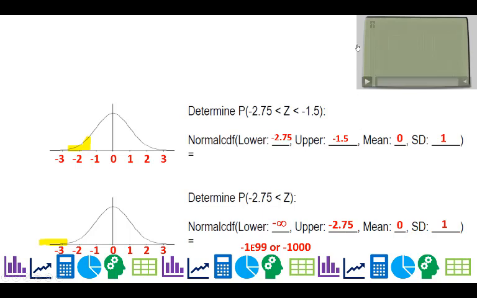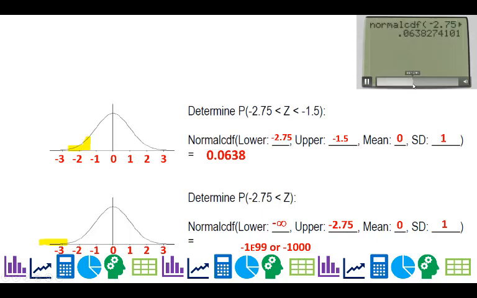So now let's look at entering these on the calculator. I'm using second distribution and going to normal CDF as before. Here my lower is negative 2.75 and I'll enter that, and negative 1.5. My mean is 0 and my standard deviation will be 1. And then hit paste, enter, and I get a value of 0.0638.